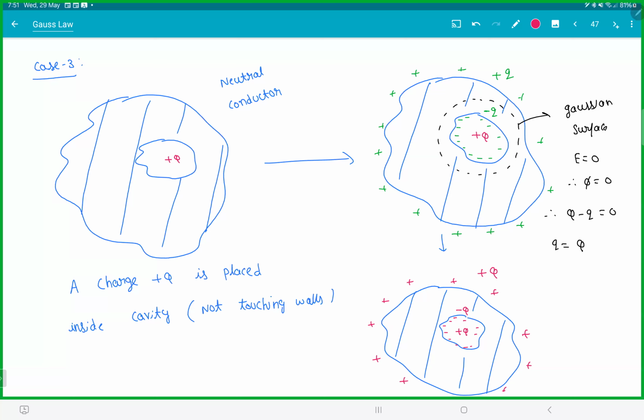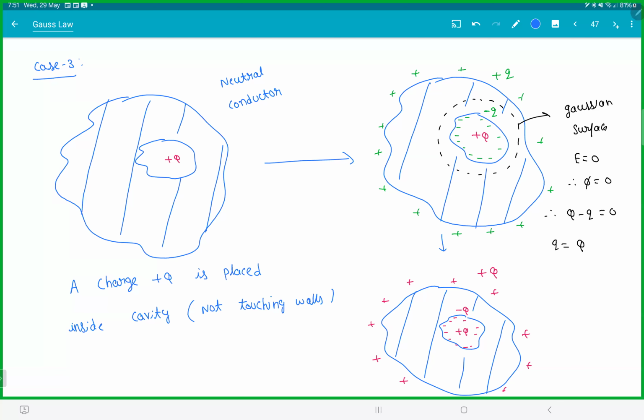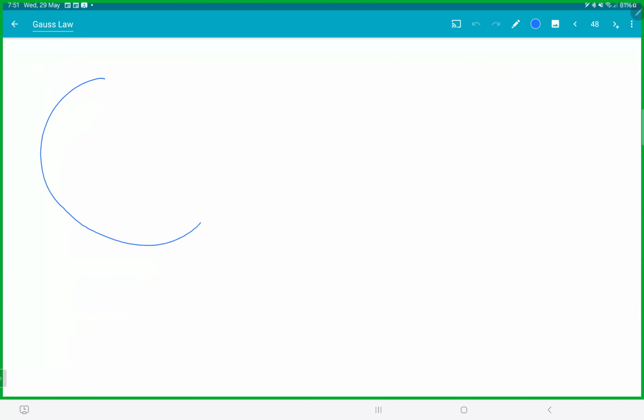Have a look at this. All getting this? That means, let me take an example here. Let's say we take a sphere with a random cavity like this.